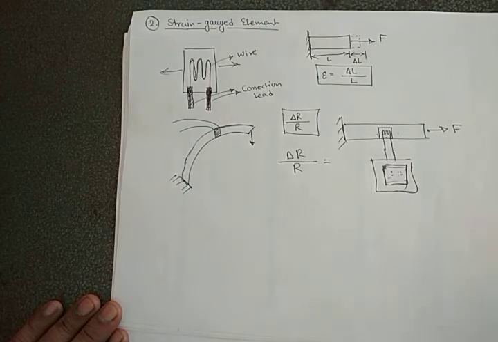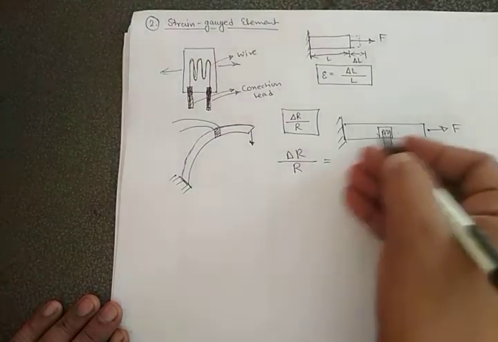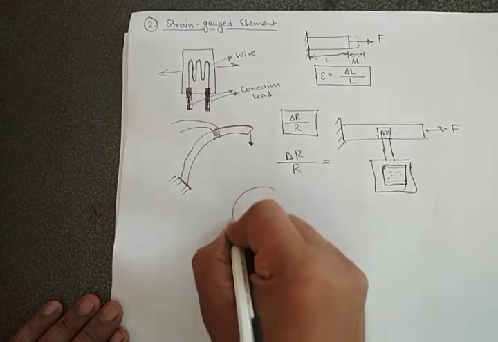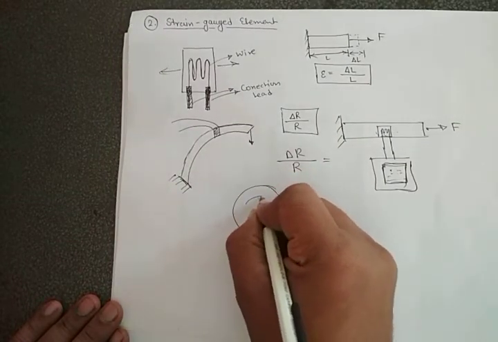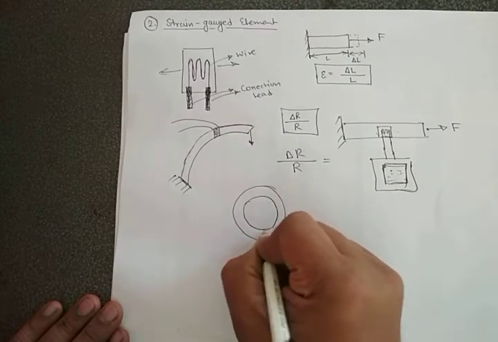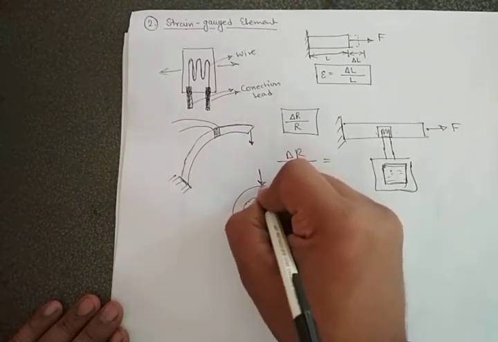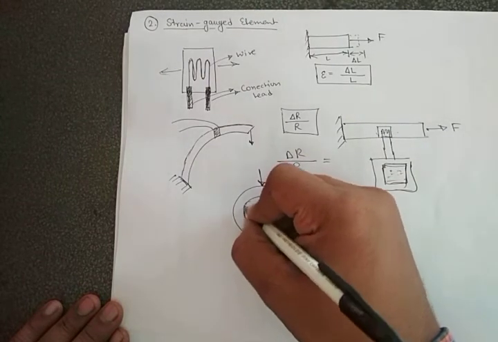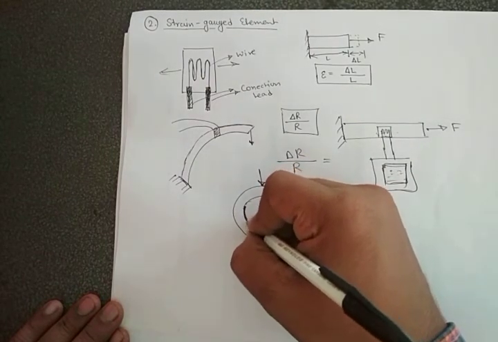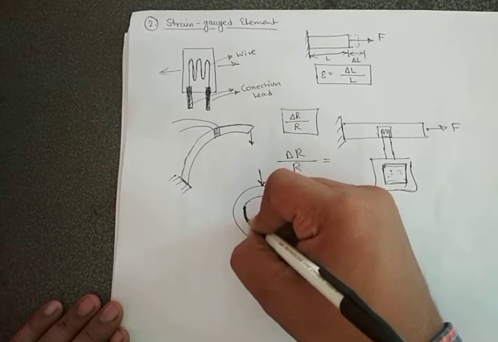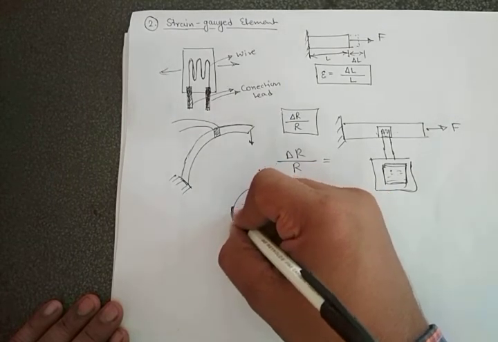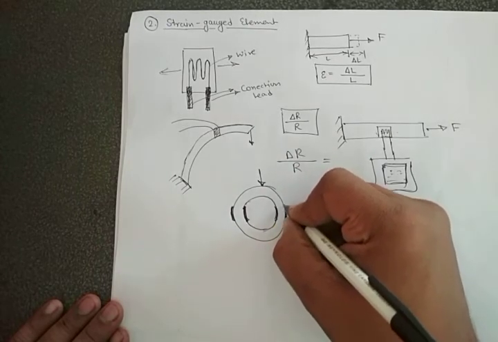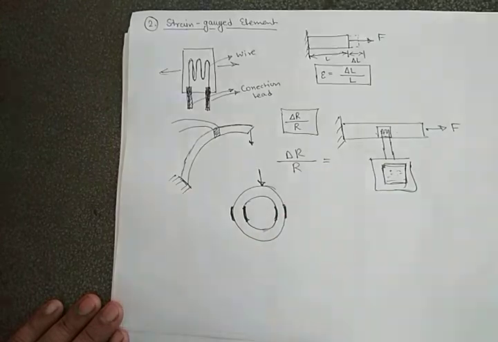Now on what kind of part can we use it? The normal bar like this, or a curved beam like this, or circular bodies like this. If you are putting a load over here, then we can place strain gauges over here, so that we can measure the maximum strain created in that body.